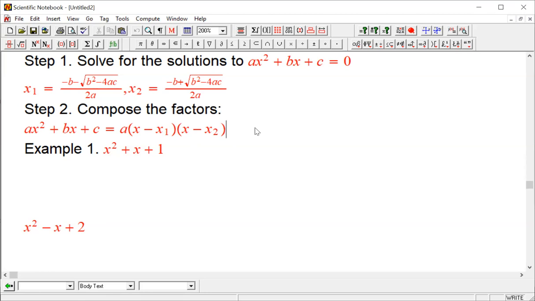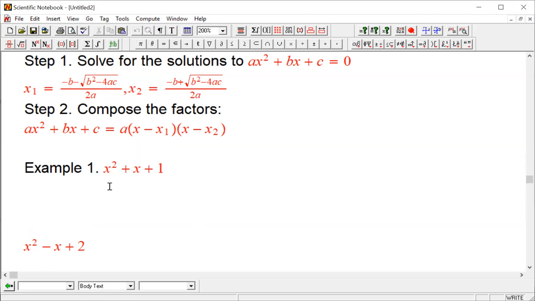Two steps. It works all the time. It works forever. So suppose we take step 1, we're going to solve for x.